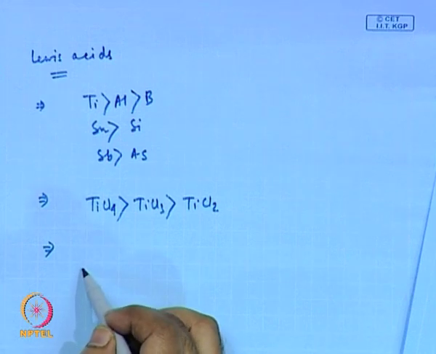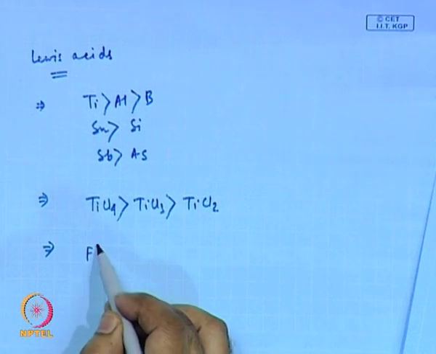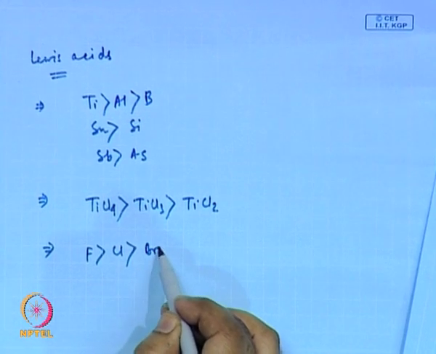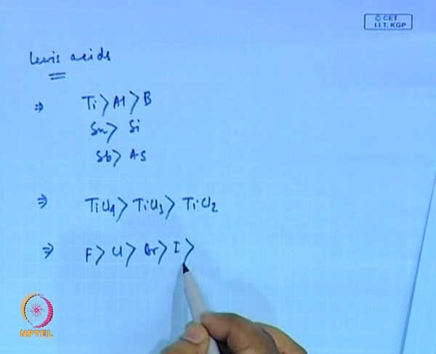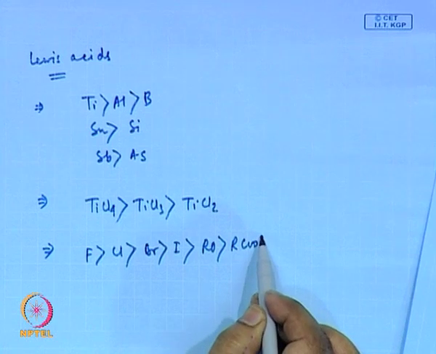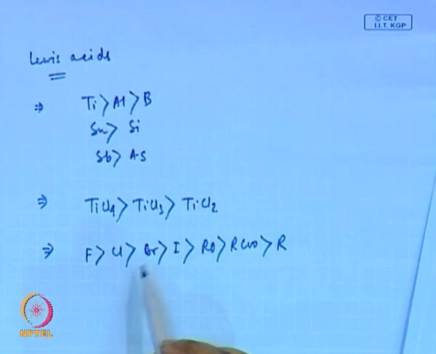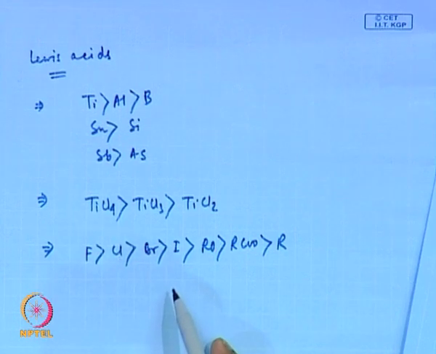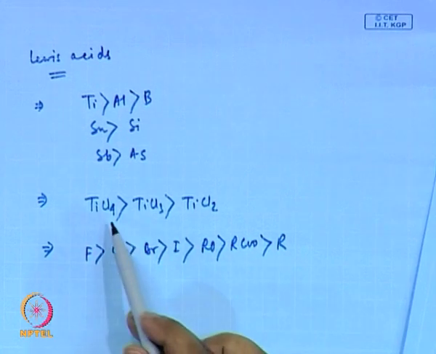and also the Lewis acidity for a single metal follows this trend of the ligand. So, obviously, if the ligands are fluorine or chloride, they have much more Lewis acidity compared to other ligands.